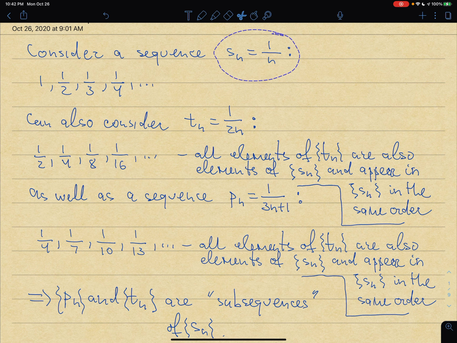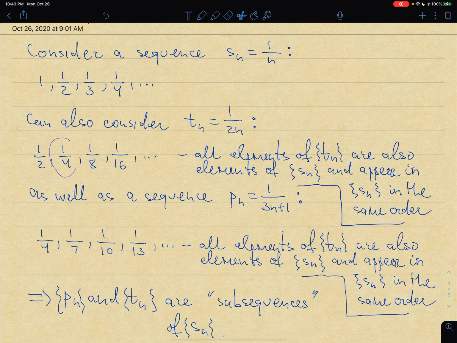What do I mean by this? In Sn, the first element is 1, the second element is 1/2. If I look at Tn, the way I define Tn, the first element of Tn is 1/2. But that first element actually is the second element in my original sequence.